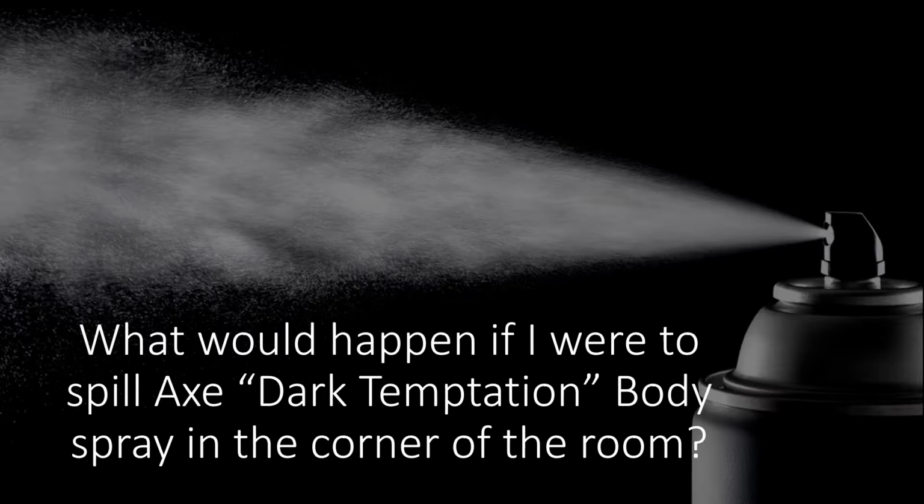So what would happen if I were to walk in the room and throw down a bottle of Axe body spray in the corner of the room? Would you all go running out of the room, or just a few of you? What would happen? Well, before you go running out of the room, you would see that in fact the Axe body spray would start to move around the room in a random fashion until finally it was spread all the way throughout.